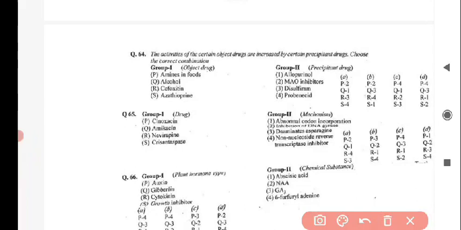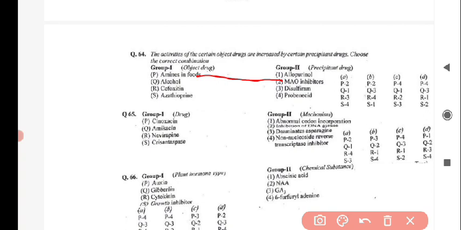For the first option, that is amines in food, the correct answer is option number 2, that is MAO inhibitor.